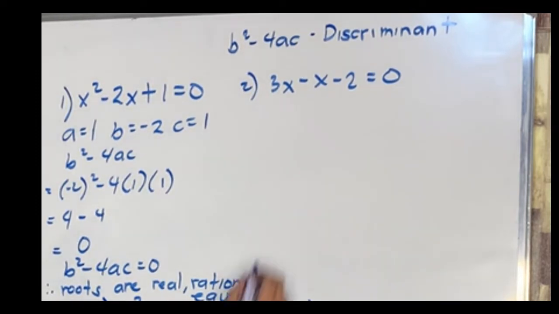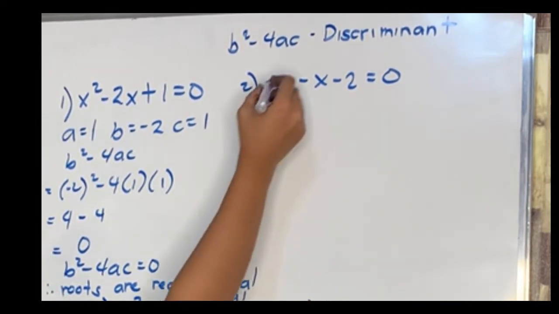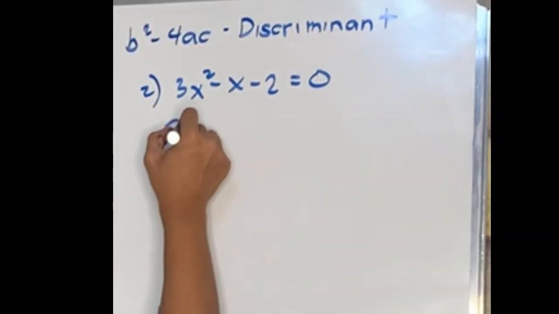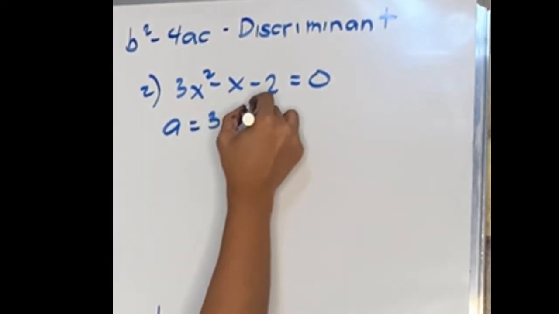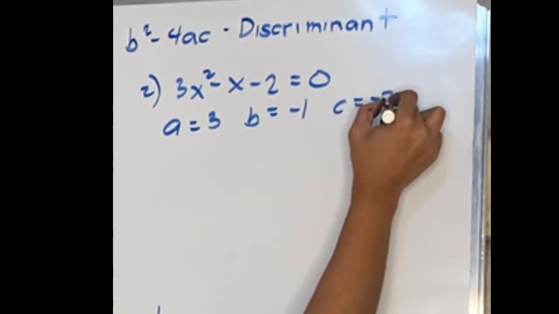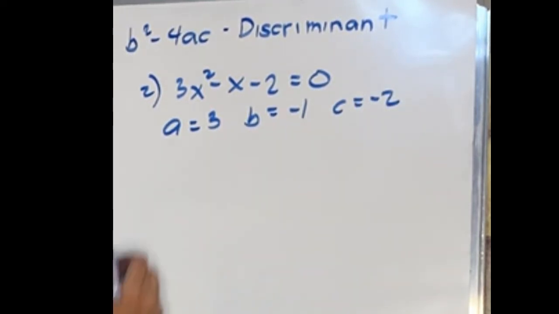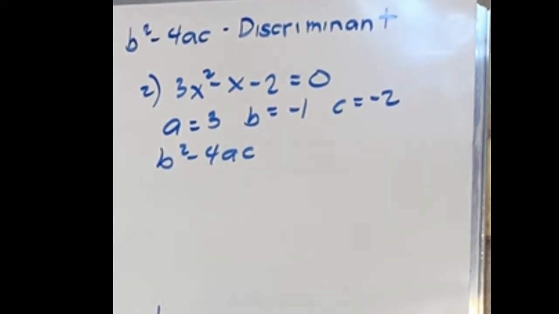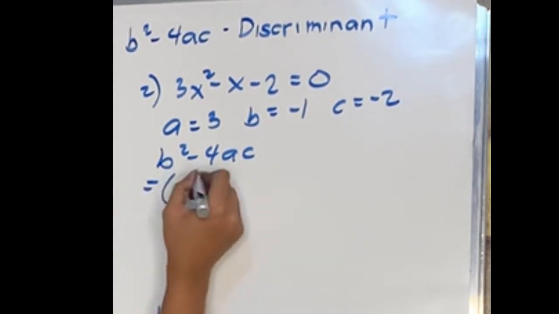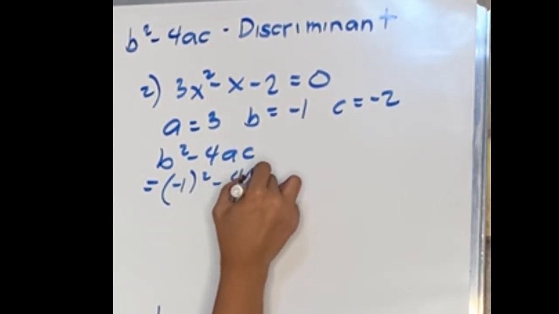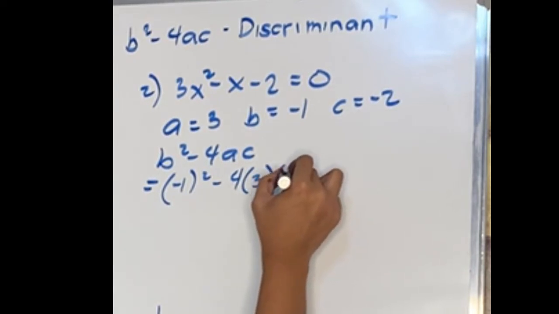Number 2, how about 3x squared minus x minus 2 is equal to 0. Let's identify the values of a, b, and c. A is 3, b is negative 1, c is negative 2. Continue, b squared minus 4ac will be our discriminant formula. Plugging in the values, negative 1 squared minus 4 times 3 times negative 2.